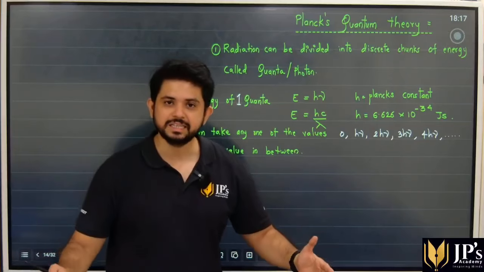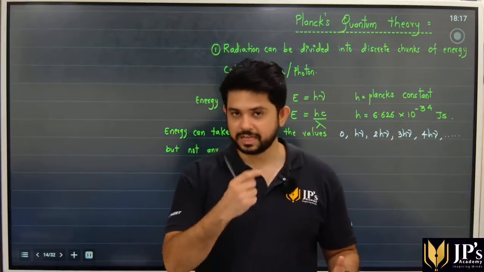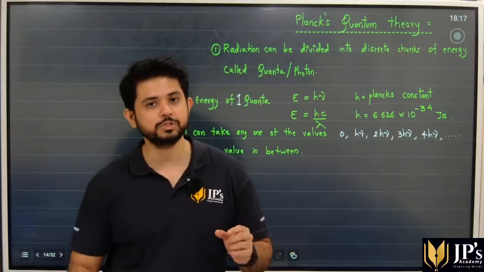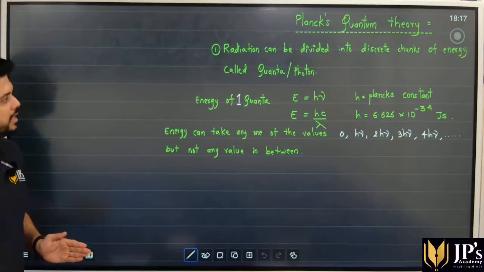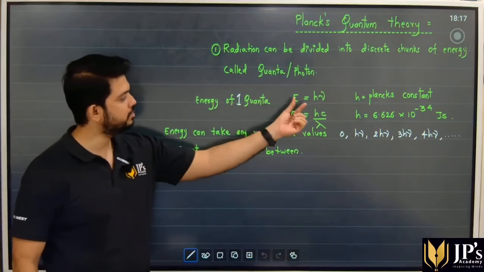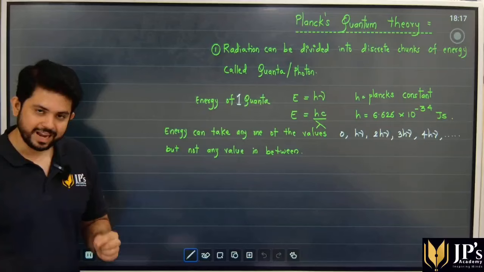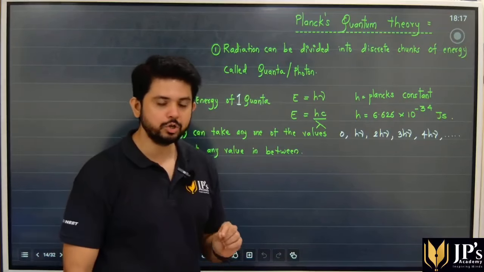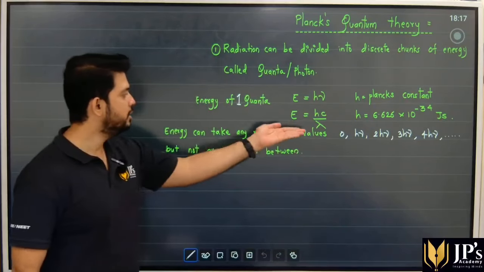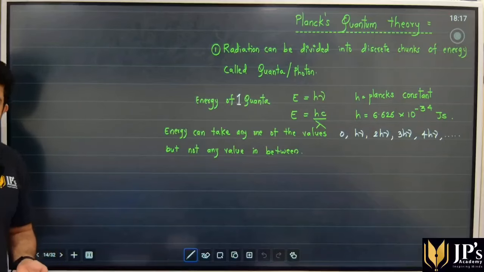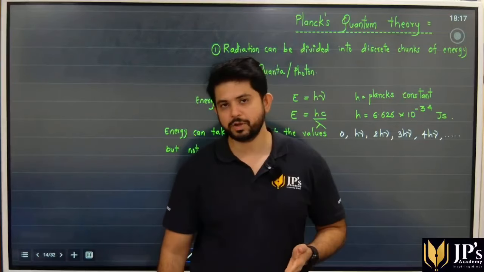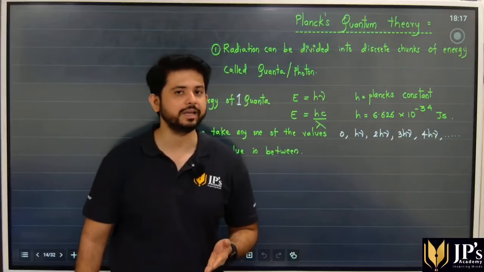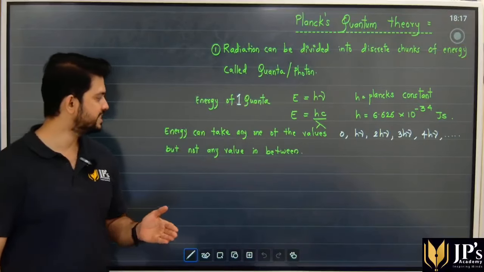So you can consider light or radiation energy as small bundles of particles, which we call quanta or photons. The energy of each quantum is given by the expression E = h nu, where h stands for Planck's constant and nu is frequency. It is also given as E = hc/lambda. Planck's constant h is 6.626 × 10^-34 joule seconds.